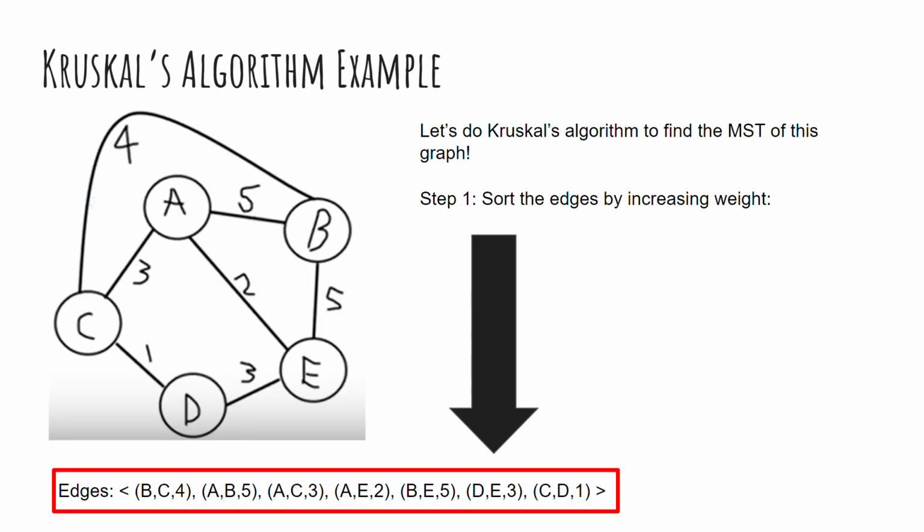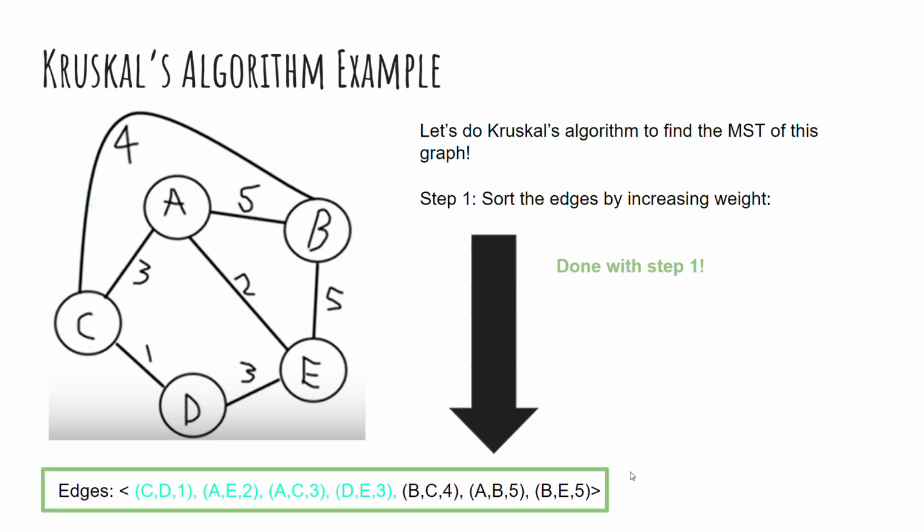Alright, so let's do Kruskal's algorithm to find the MST of this graph again. So we first sort the edges by weight. So we had all of these edges over here, and then we'll sort them by their weights. So we changed all of these so that they are now in increasing order of their weights.